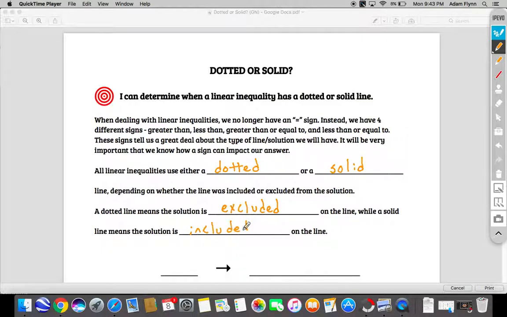So this might make no sense to you at all, but how about I erase this, move a little bit further down, and I can explain this a little more in depth.